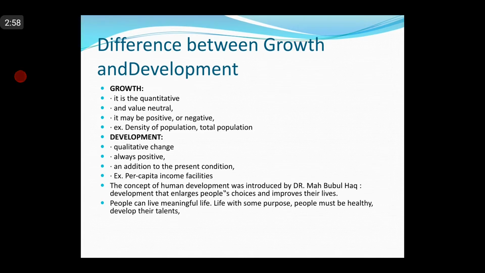So, what about growth? It is quantitative, okay? This growth is in fact quantitative and value neutral, so it may be positive or it may be negative. For example, it is quantitative, the quantity is increasing, the number is increasing, and on the other hand, qualitative change is not necessary in this.